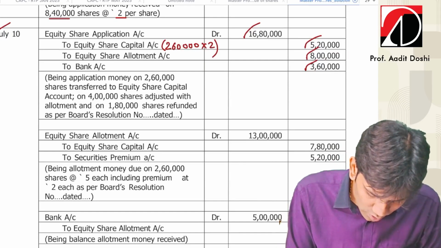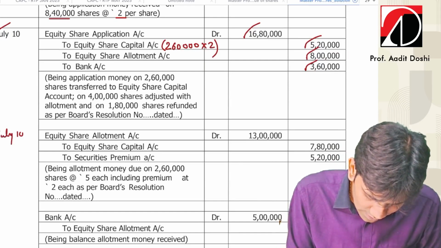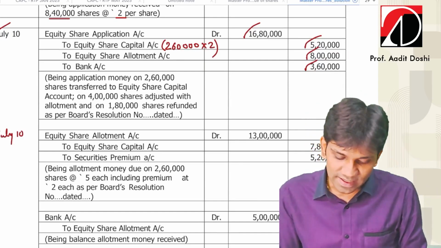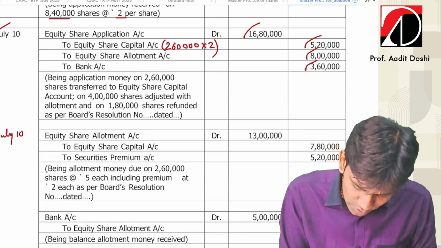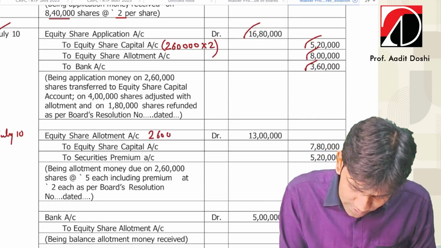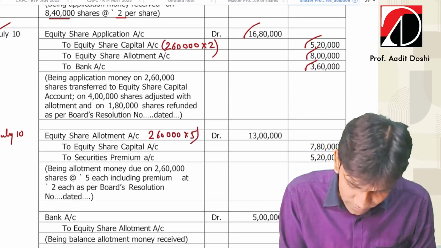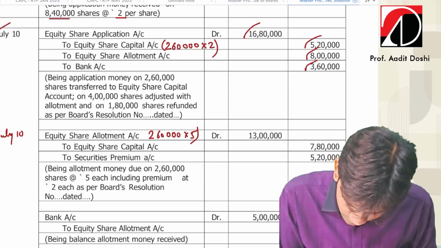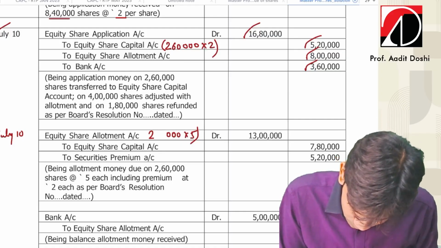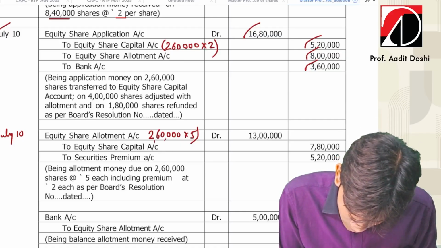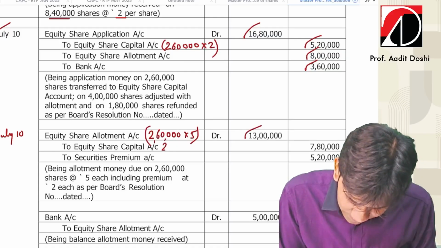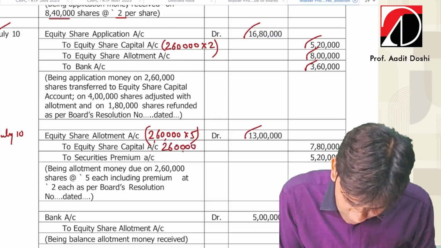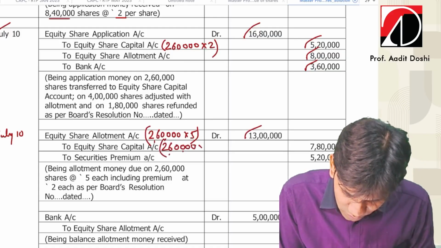Next entry will also be on July 10. Equity share allotment account debit, to equity share capital account, to securities premium account. Here, equity share allotment 2,60,000 into 5, which comes to 13 lakh. Share capital. Remember, guys, one shortcut I will give you, which I have already discussed in the class also.